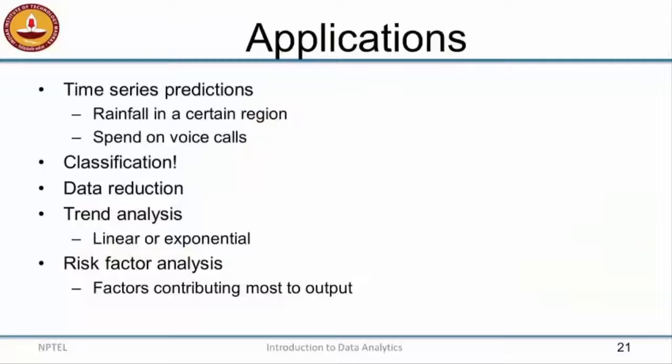It is slightly different from the time series prediction problem I mentioned earlier, because I'm not interested in making predictions here, but more in the data analysis part, not the predictive analytics part. I would like to know whether the growth rate is linear or exponential, or somewhere in between. Those kinds of questions can be answered by suitably solving a regression problem.